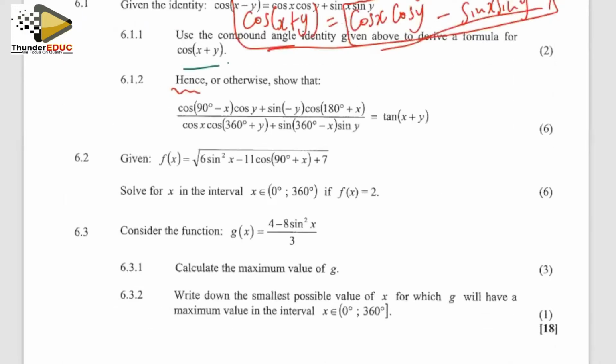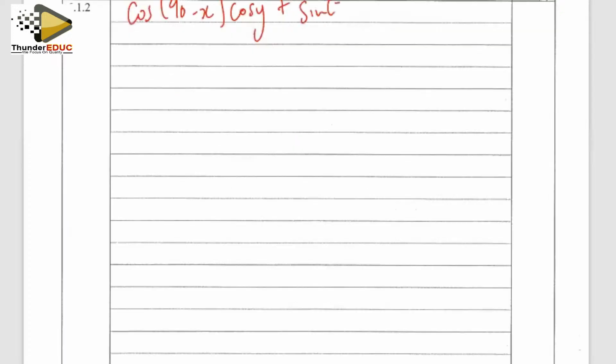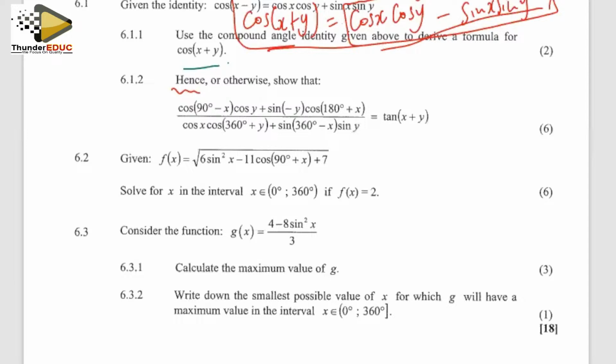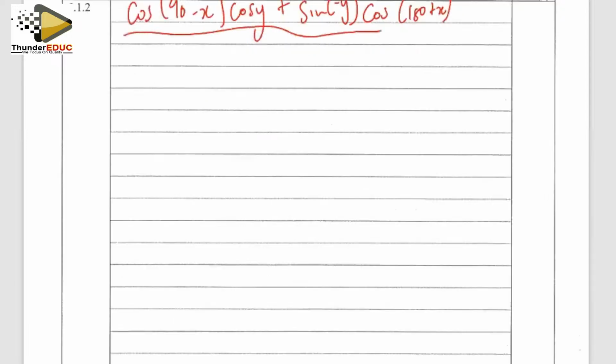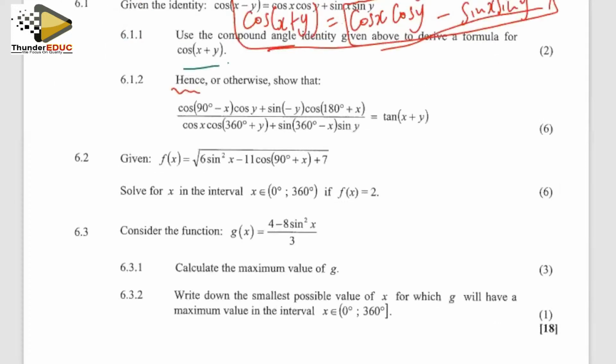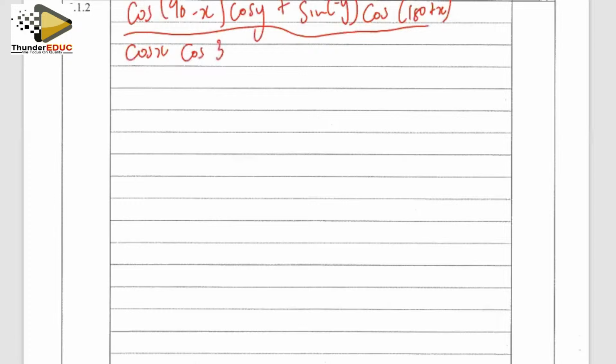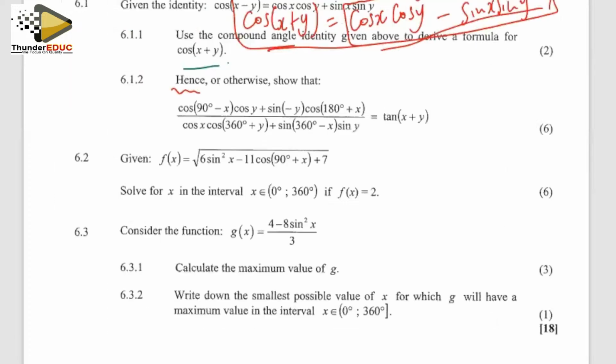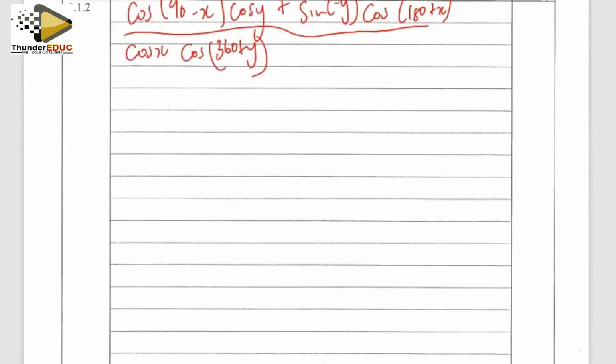We have the cos of 90 minus x, we're multiplying by the cos y plus sine of negative y, times the cos of 180 plus x, over cos x cos of 360 plus y, and then plus sine of 360 minus x, and then sine of y.